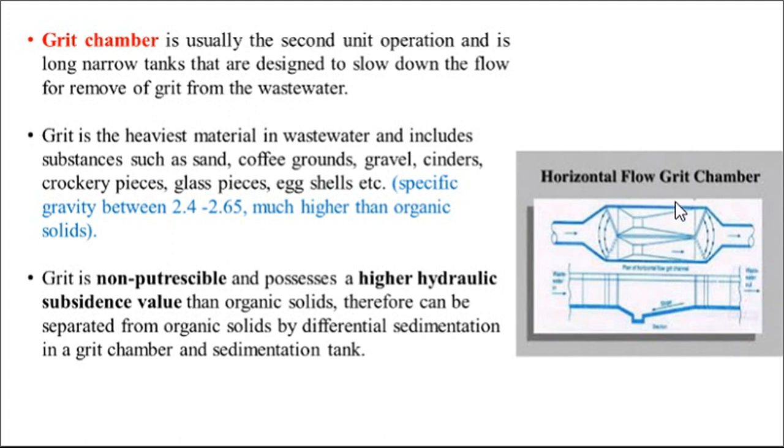As the flow area is increased, the velocity decreases, and due to the decrease in velocity, the inorganic materials whose specific gravity is greater than that of water will settle at the bottom of the grit chamber, and then clear sewage is taken out from here and from here, and goes to the next treatment unit. This is the cross section. The slope is provided like this.